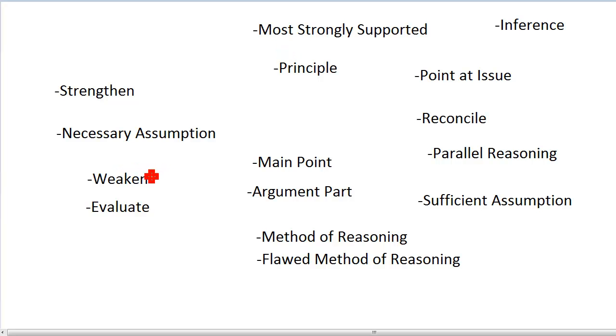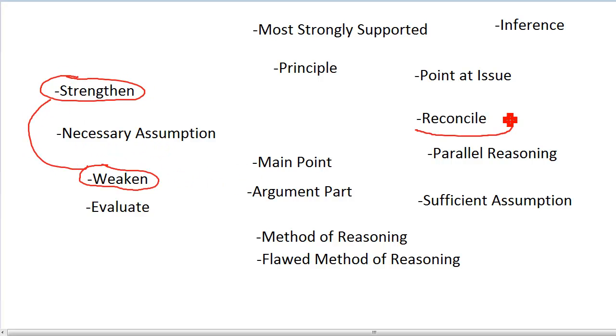Because if you can do that, then you can recognize the fact that sometimes, and often actually, a weakening question has more in common with a strengthening question or with a reconcile question than it does with another weakening question, you see. Sometimes a necessary assumption question has more in common with a weakening question than it does with another necessary assumption question, although those are rare.